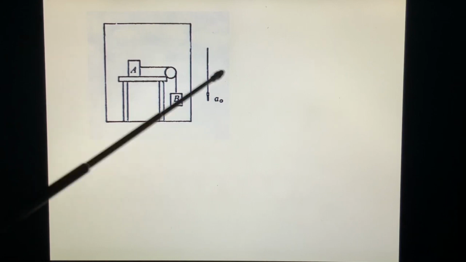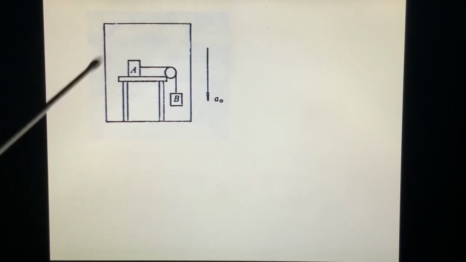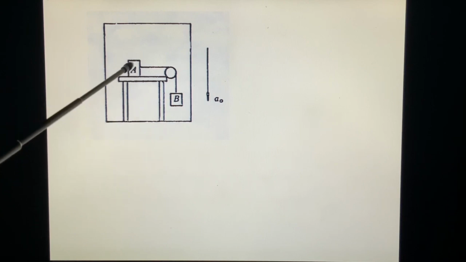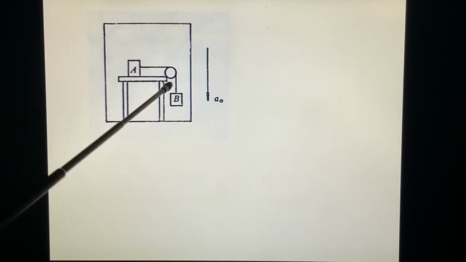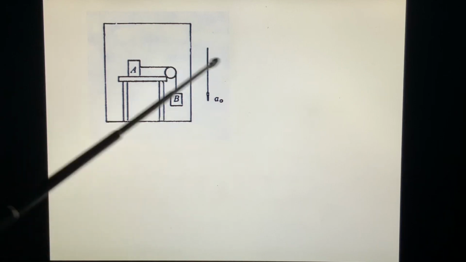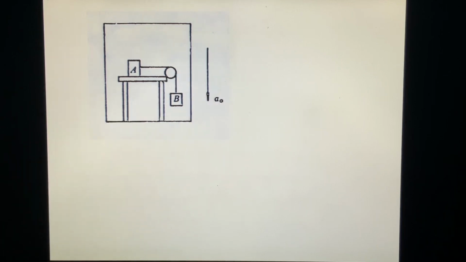Now let's talk about the problem. This problem seems very similar to the sample we mentioned in the previous lecture, except for the friction. But if you carefully observe it, it's quite different. What's the difference? The table, block A and B are in an elevator, and the elevator is moving downward with acceleration a0.